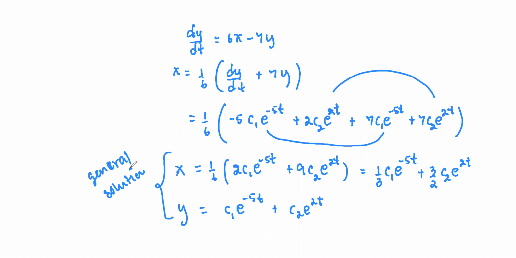Next, we're going to use the initial conditions to find c1 and c2 to get the solution to the initial value problem.